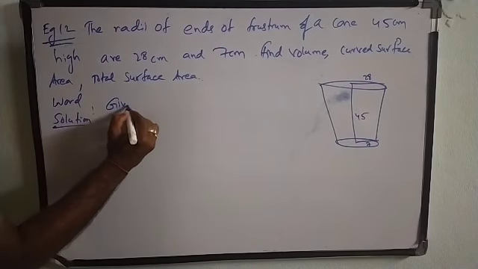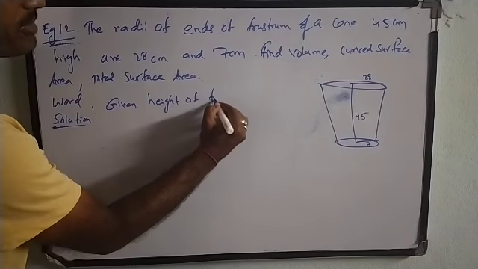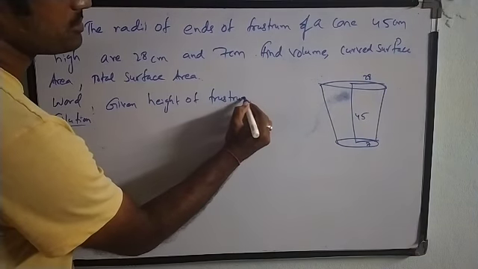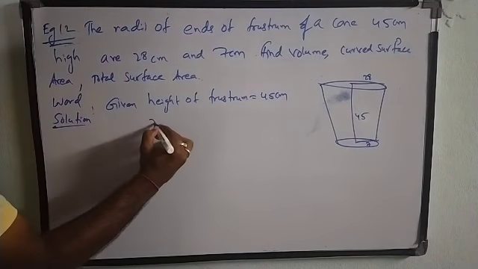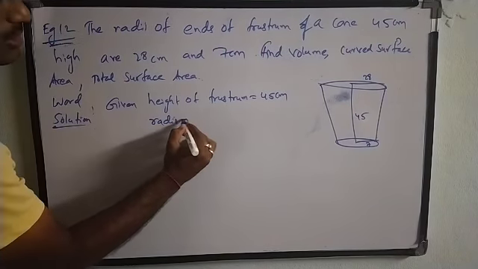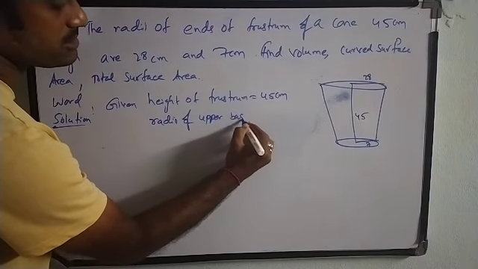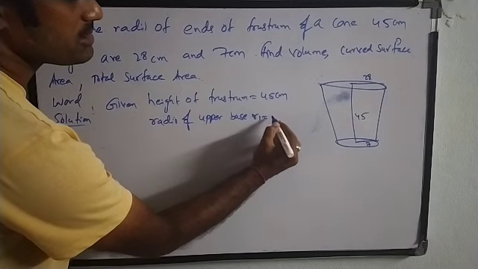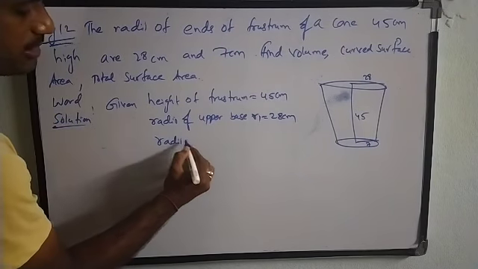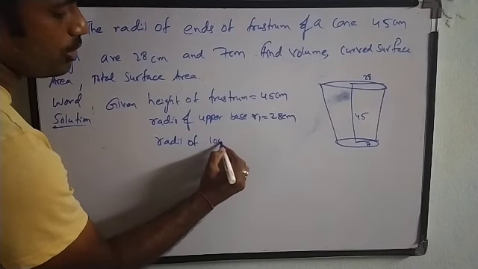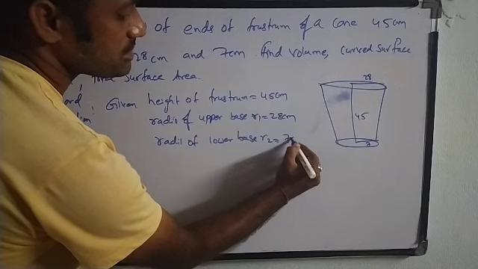Given: height of frustum 45 centimeters, radius of upper base R1 is equal to 28 centimeters, radius of lower base R2 is equal to 7 centimeters.